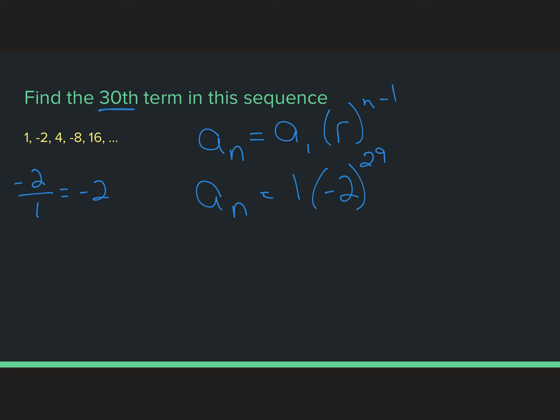So it'd be 1 times negative 2 to the 29th power, which gives me negative 536,870,912. Okay, that's it. That's how I find those terms.